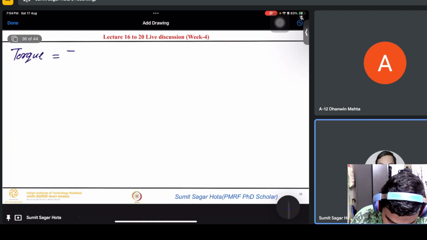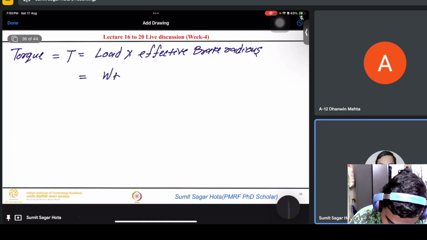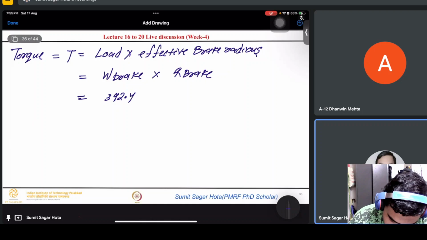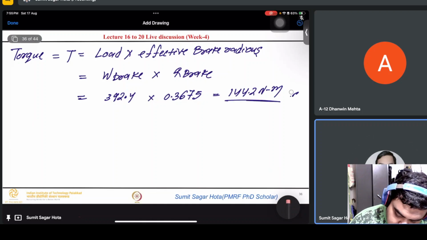What is the torque? So this is your torque.